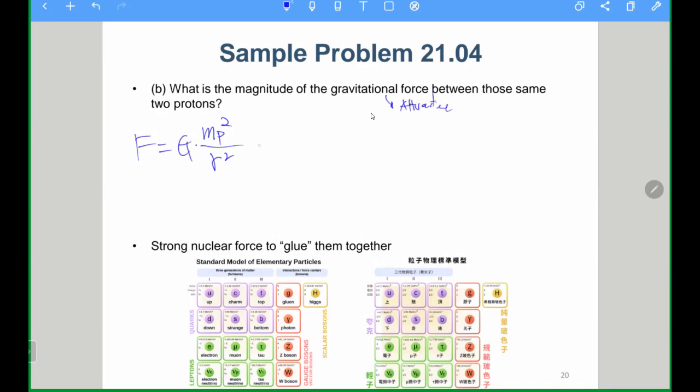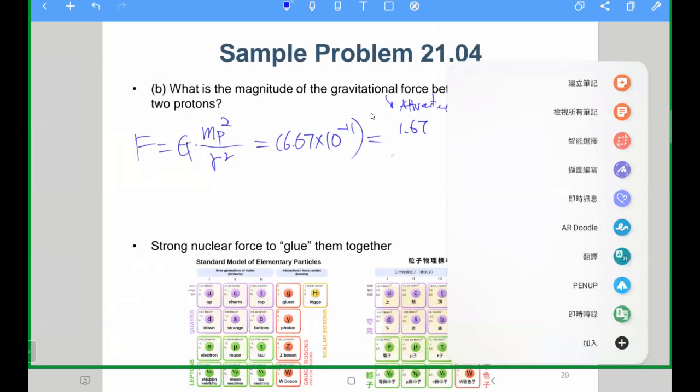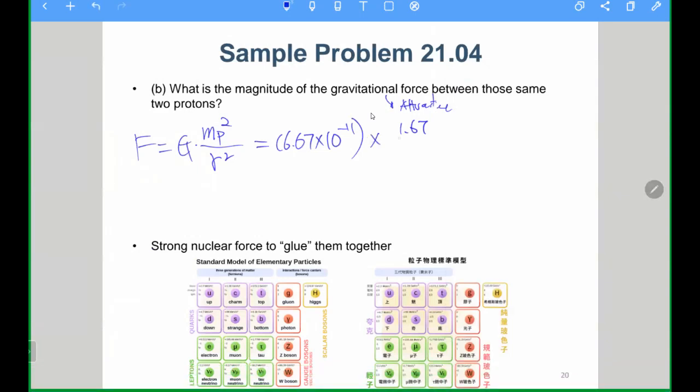You don't really need to remember this one for this course because it appears in this course only. But actually it is 6.67 times 10 to minus 11. This is the G, the gravitational constant, and then times 1.67 times 10 to minus 27, quantity squared, over 4 times 10 to minus 15, also quantity squared.